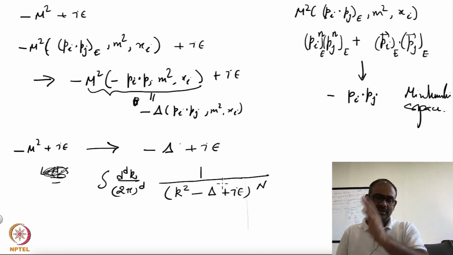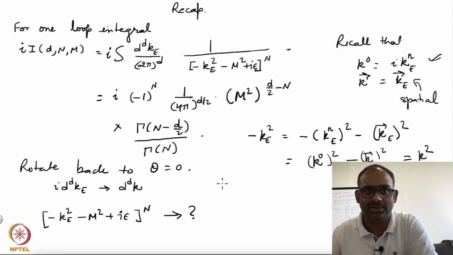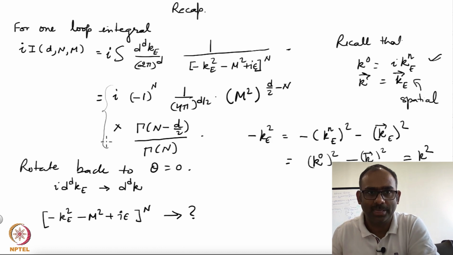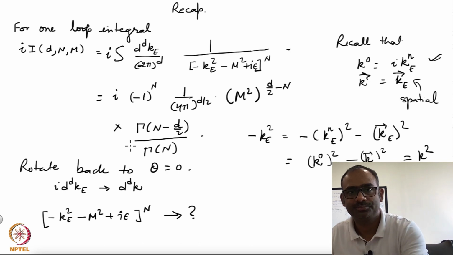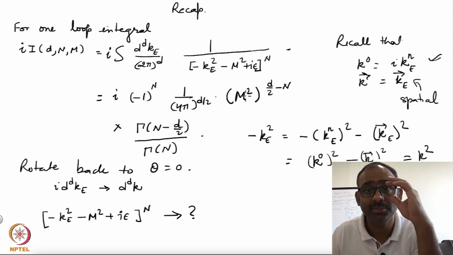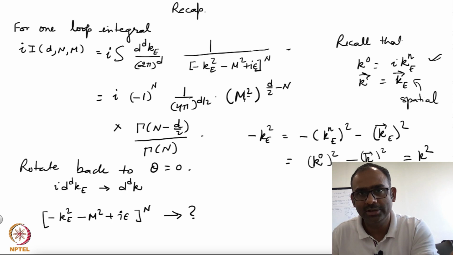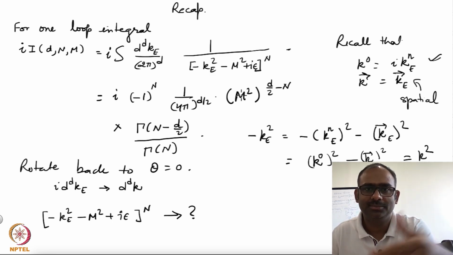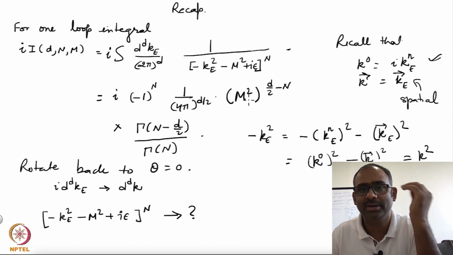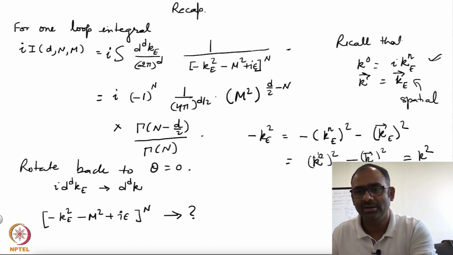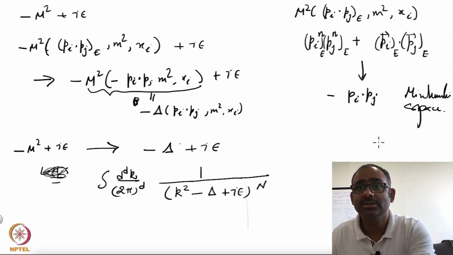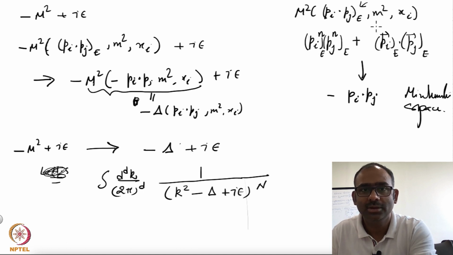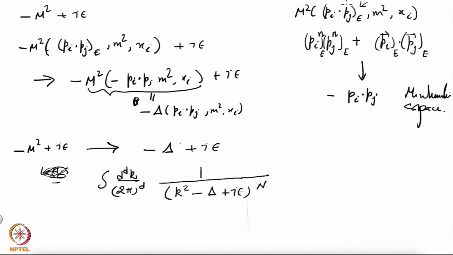Now, I can take the specific result that I had, this one, and also continue it and see what I get. All I have to do is take this m square and continue it, and I already know what m square becomes. M square is what I call delta. Just replace wherever you have m square and continue it to Minkowski space.